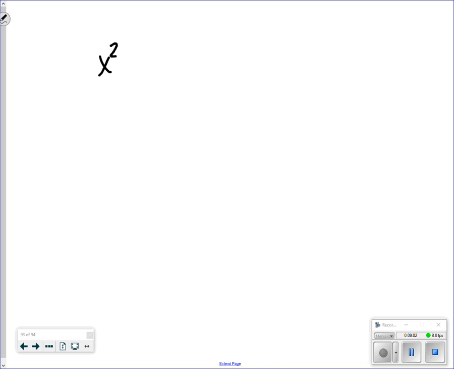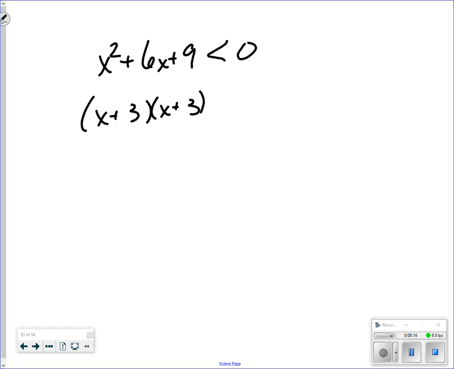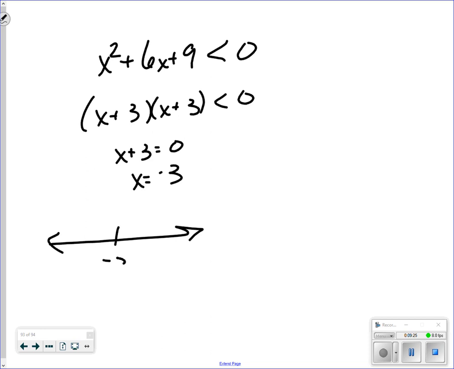All right, x squared plus 6x plus 9 is less than 0. If you guys saw this question, you would probably factor and get one answer. Wait a minute, there's only one answer. So when you're talking about a number line, there's only one critical value.